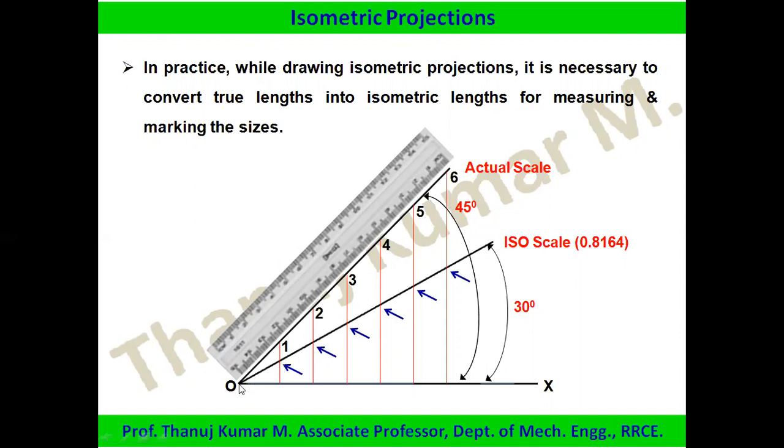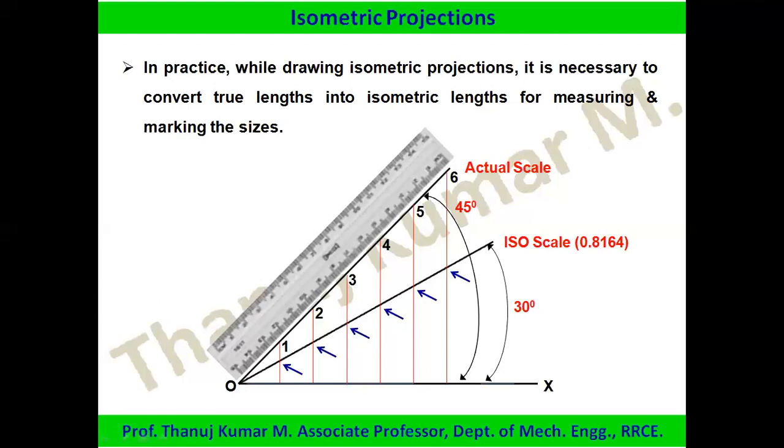This length I have to take to measure the isometric scale length, that is 0.8164, or rather 10 mm is equal to 8.164 mm. You can take it that way. Okay. If you want to measure 30 mm, the actual scale is from here to 30. This is the actual scale, whereas I am reducing it by 0.8164.